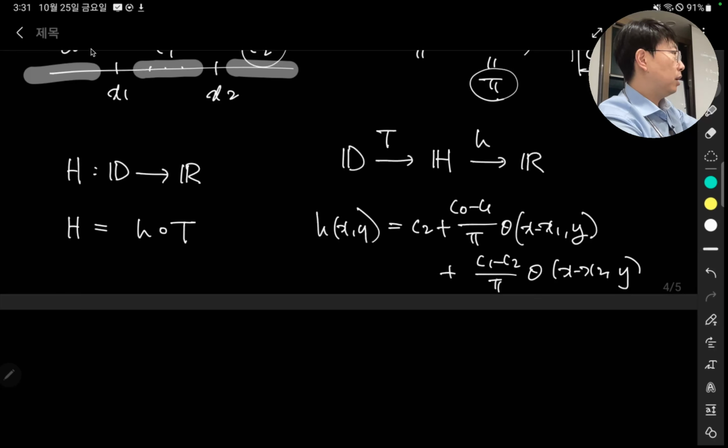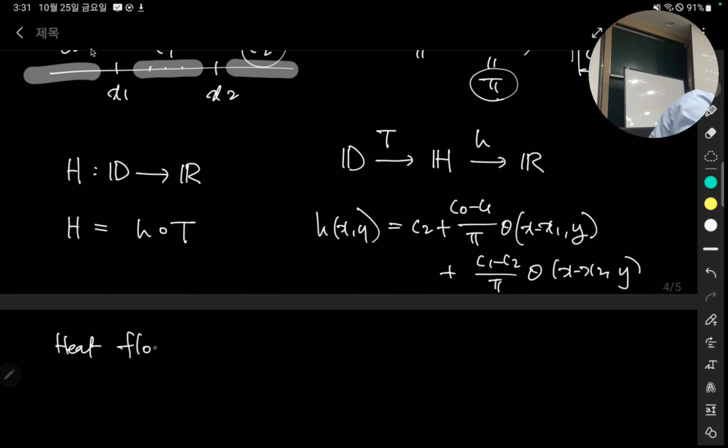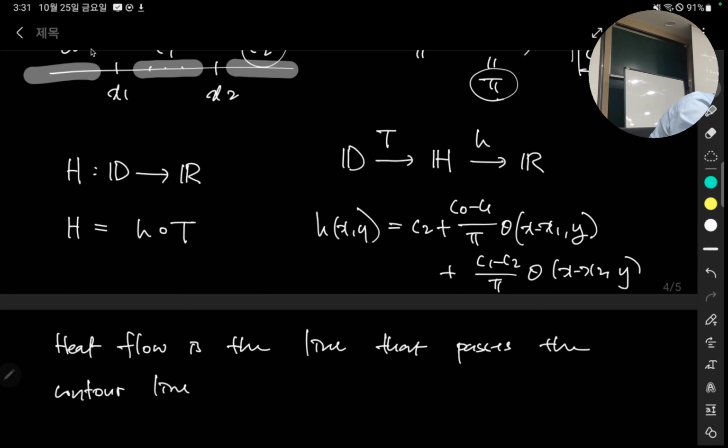It only gives you the heat contour in some sense. So in order to get the heat flow, it is the line or curve that passes the contour lines of H perpendicularly.